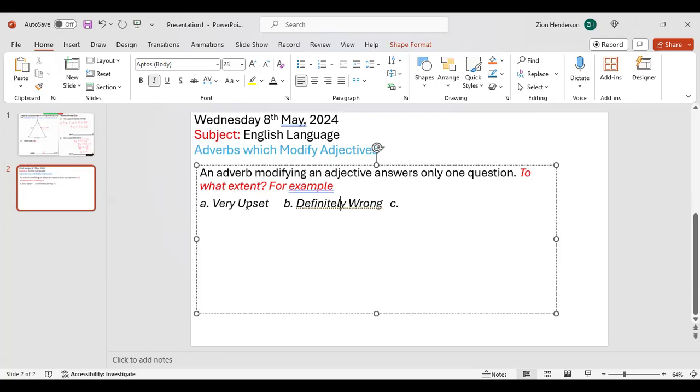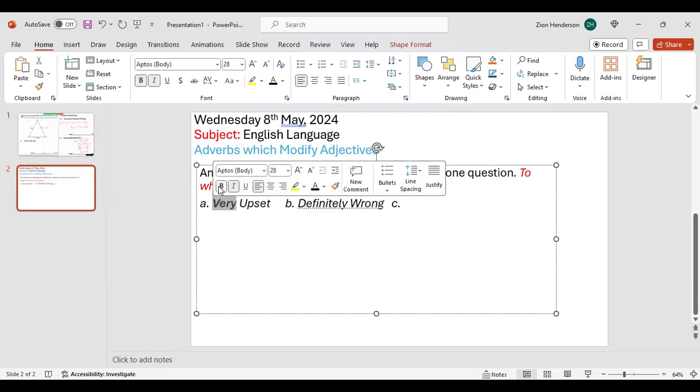It amplifies upset, sir. It modifies upset. Very good. So it's telling us to what extent this person is upset. So very is the adverb.